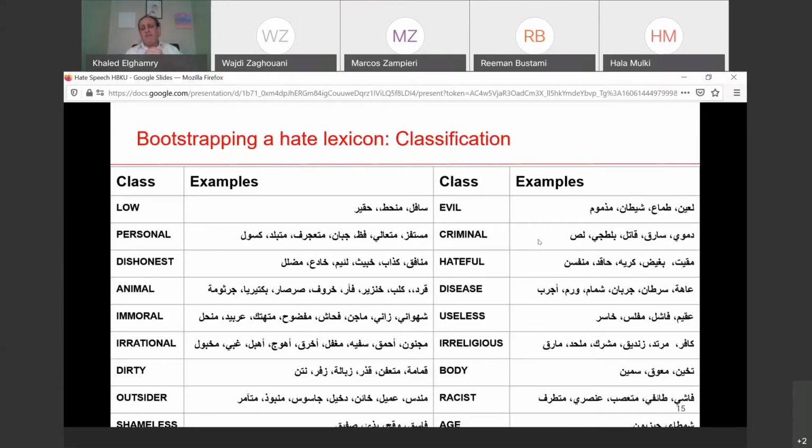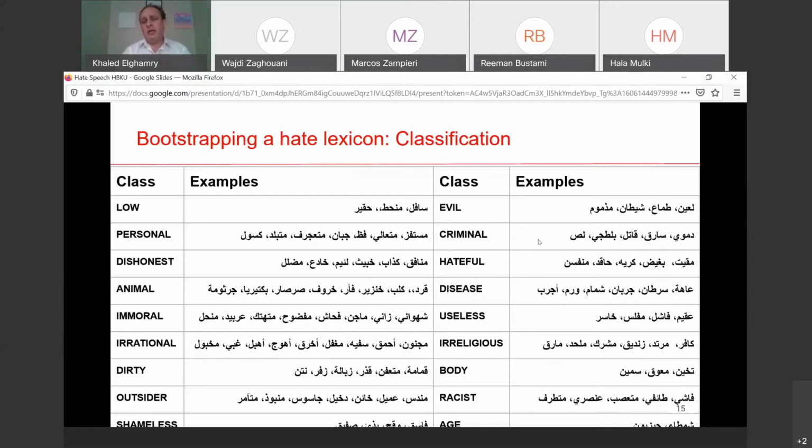After manually classifying the hate speech terms, these were the classes found to cover all the terms: representing a target as low, or targeting personal characteristics such as being a coward or lazy, or representing the target as dishonest, like an animal, immoral, irrational, dirty, an outsider, or shameless, down to the bottom of the list.